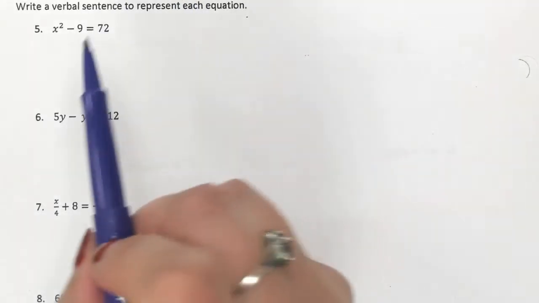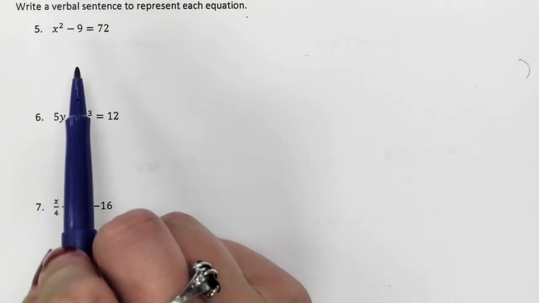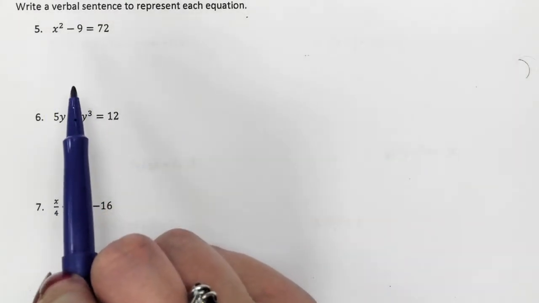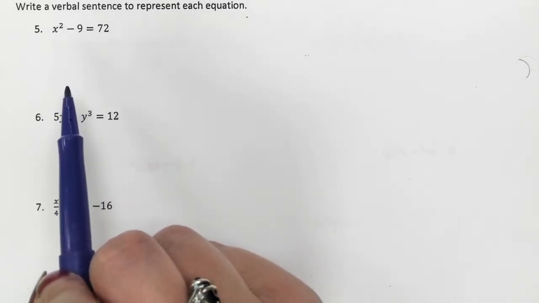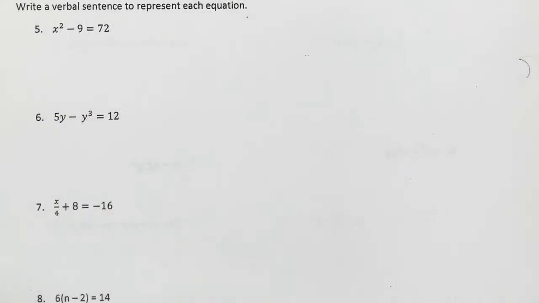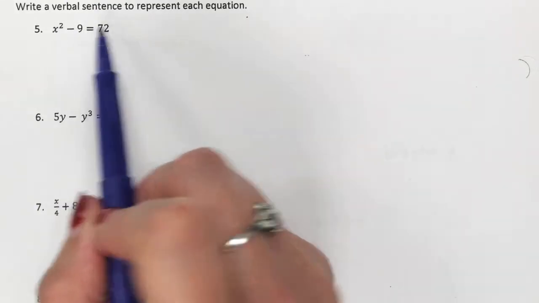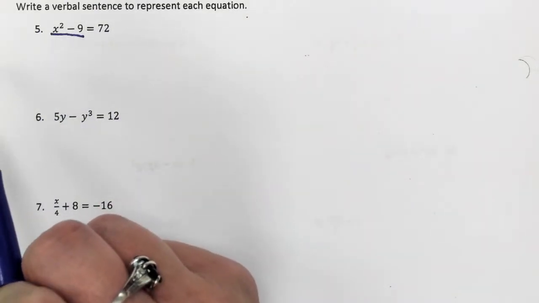All right, and we're back to number 5. Okay, so do you see 1, 2, 3, or 4 that is very similar to number 5 that we could kind of use to steal their wording a little bit? Number 1 looks really similar to this one, except that it has an equal sign. So how could I write this x squared minus 9 as a verbal expression?